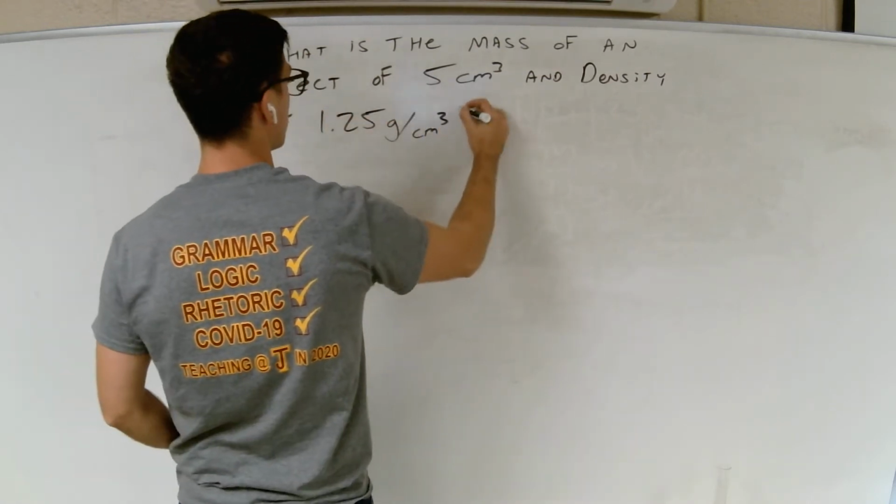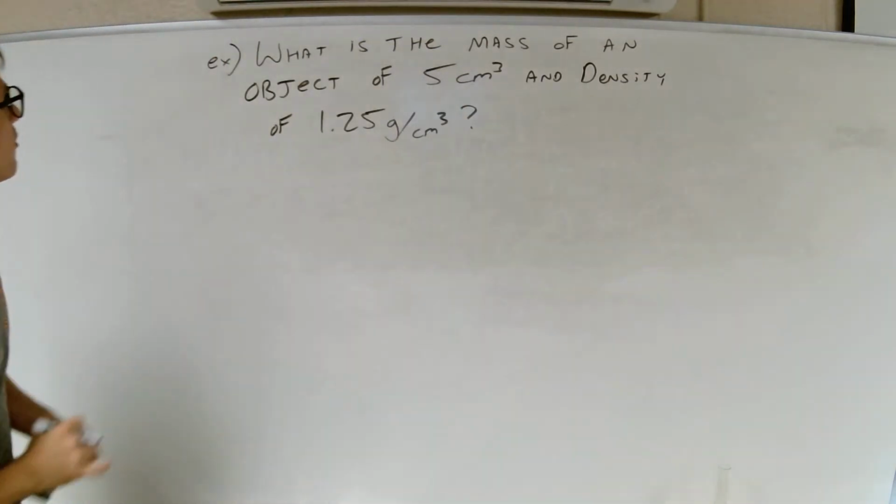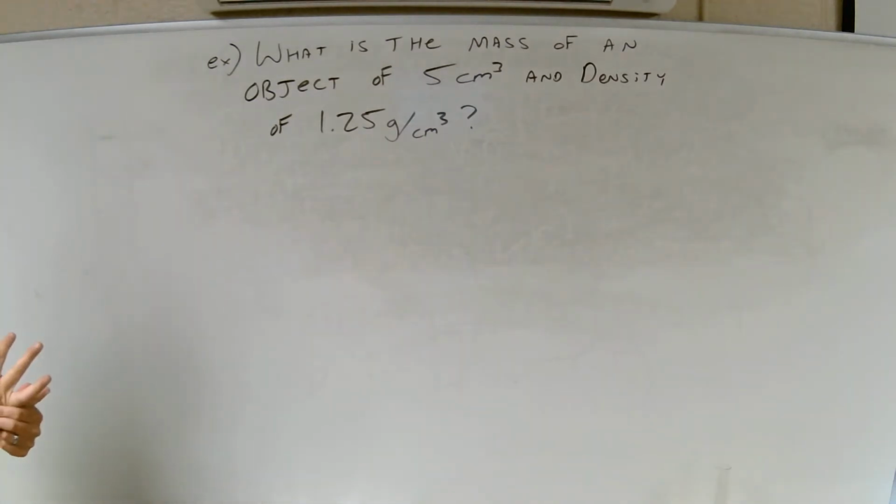Feel free to pause the video and try it on your own without me going through it, but I'm going through it, all right? So I want mass, density, and they give me a volume, okay?